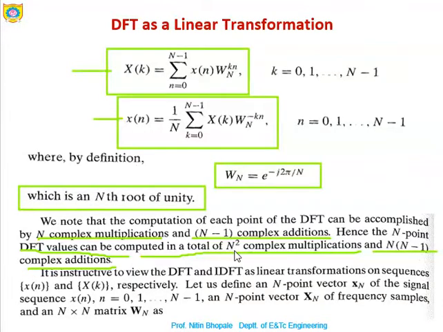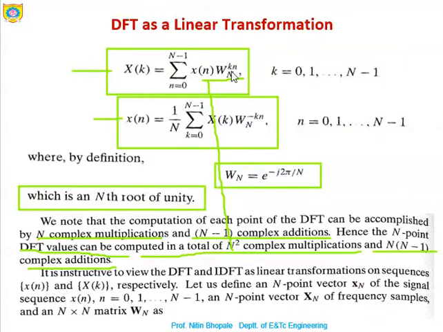So how it is N square complex multiplications can be identified from this expression. n is ranging from 0 to N minus 1, so totally it is N values we are dealing with. Next, again here n is ranging from 0 to N minus 1, meaning total N values.